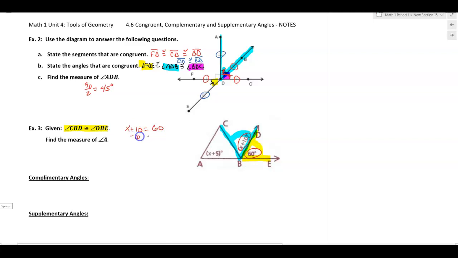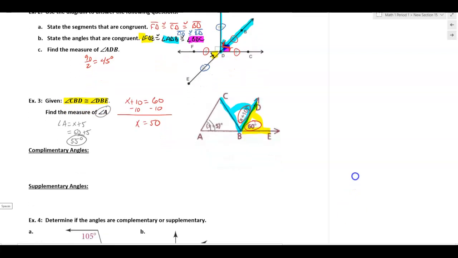If I subtract 10, I get x is 50. Now to find the measure of angle A, you have to understand that angle A is this angle here. If angle A is x plus 5, I know 50 plus 5 is 55 degrees. You have to understand that when these angles are congruent, their measures are equal.